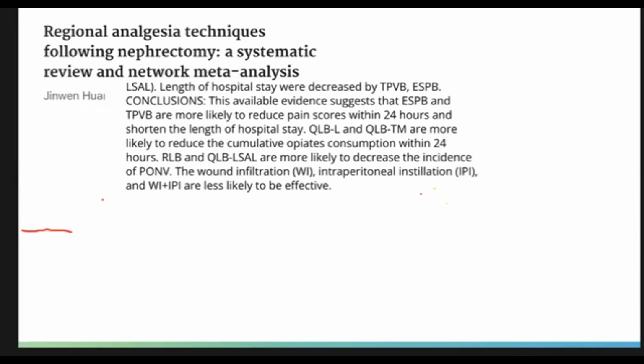Ma'am, for recipients, which block do you offer for kidney recipients? For kidney recipients, we have been doing erector spinae block. No, I have not done any transversalis fascia block for this either.